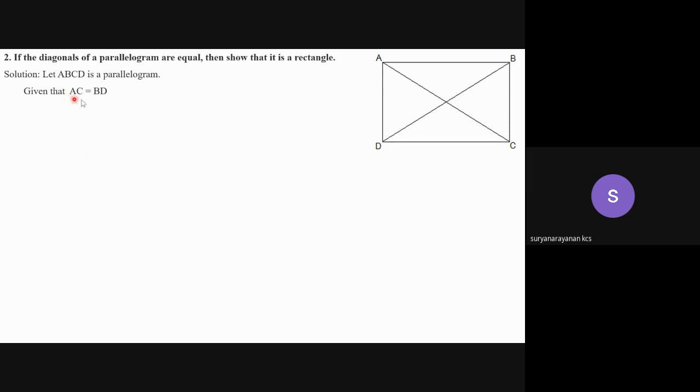So given that AC is equal to BD. What is meant by AC? AC is one diagonal. What is BD in this parallelogram? BD is another diagonal. These two diagonals are equal. We are given that the measurements of these two diagonals are equal. Understood this second step, my dear children?